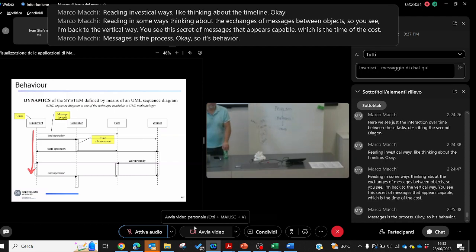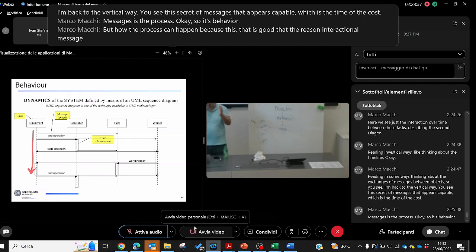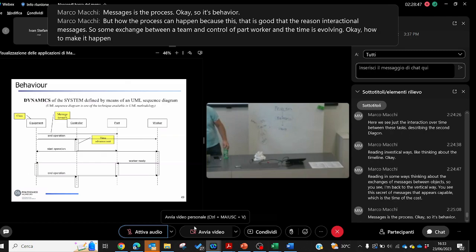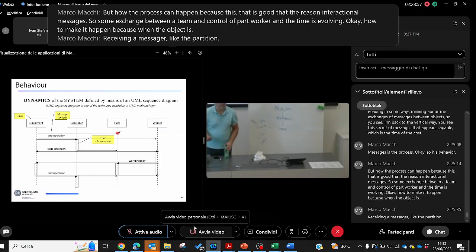But how can the process happen? This tells you that there is an interaction of messages, some exchange between the achievement, controller, part, and worker, and time is evolving. How to make it happen? When an object is receiving a message, like the part is receiving a message, it has a method to make something.